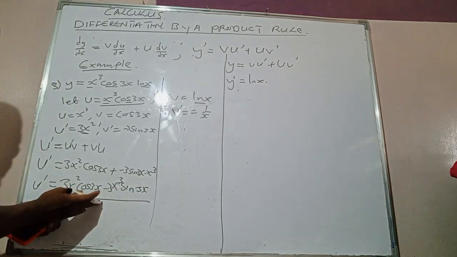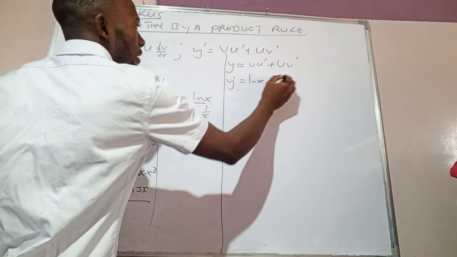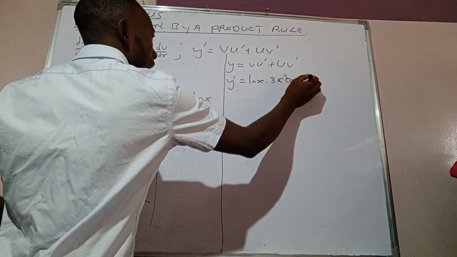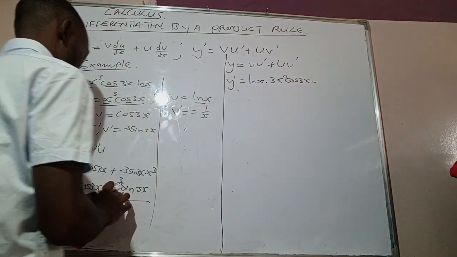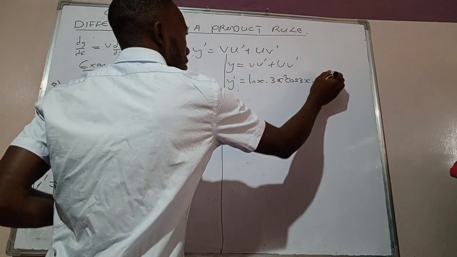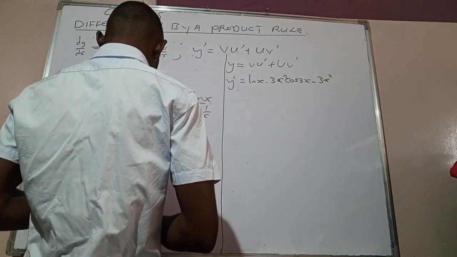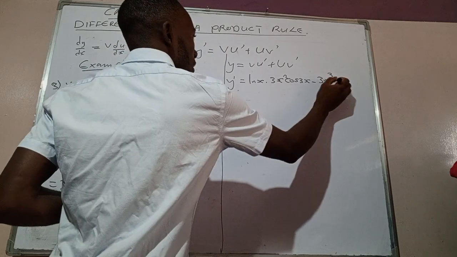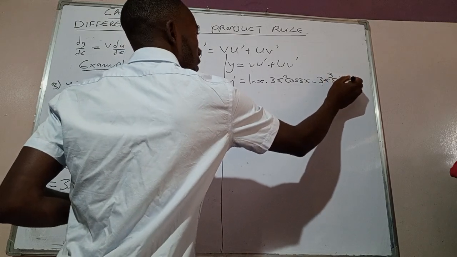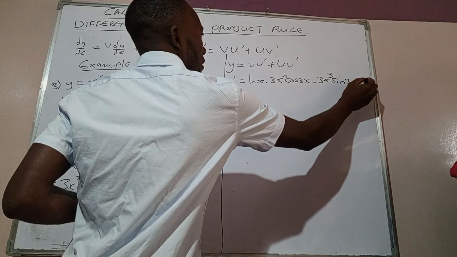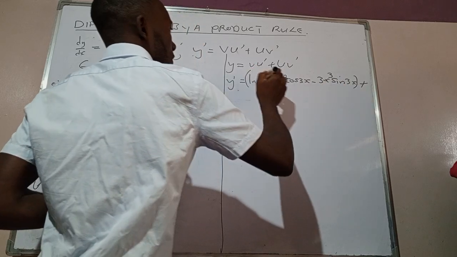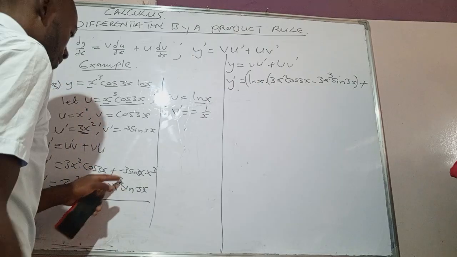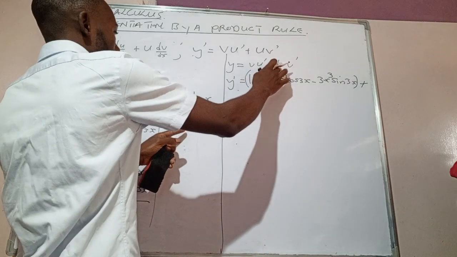Our u prime is down here, which is 3x squared cos 3x minus 3x to the power 3 sin 3x, then plus, what is our u?